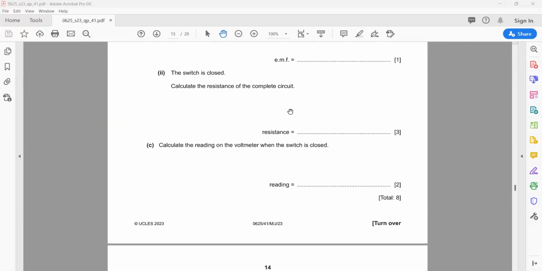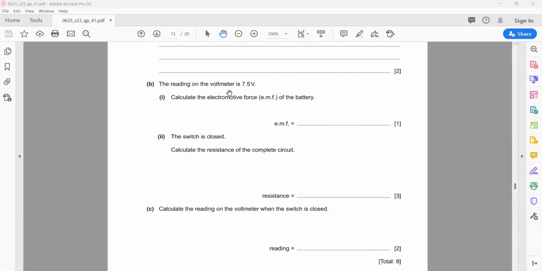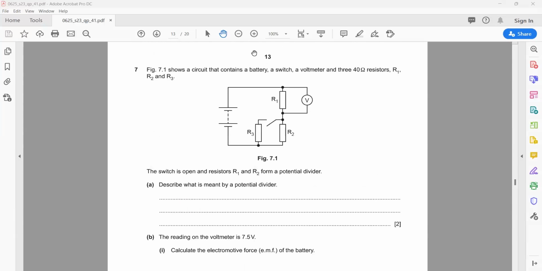Okay. After that, they're asking about the reading on the voltmeter. So what will be the reading on that voltmeter? It's very simple. If you see again here, for both of them, resistance is 20 ohm here and 40 ohm here.